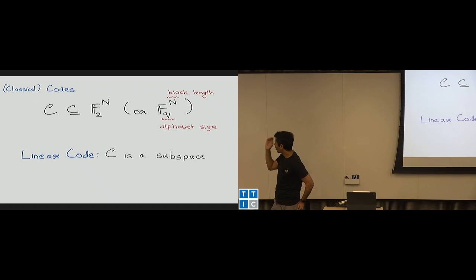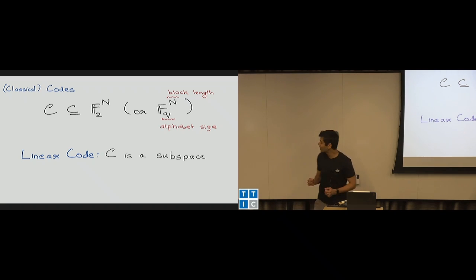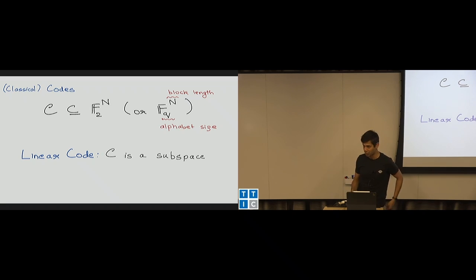We'll think of them as forming a subspace of a vector space, in this case, let's say F2 to the n, and we'll need to talk about larger alphabets, so we can think of Fq to the n as needed. q is referred to as the alphabet size. n is the block length of the code, which is the number of things I'm sending at a time before we start trying to figure out what I meant. We'll restrict ourselves to linear codes throughout the talk.